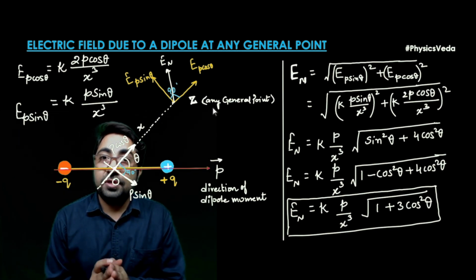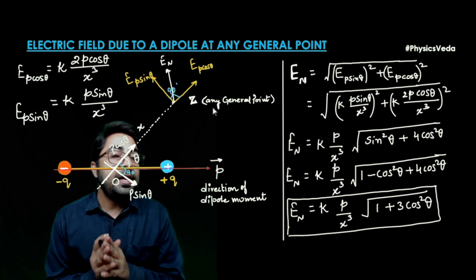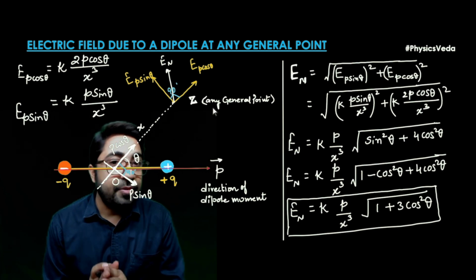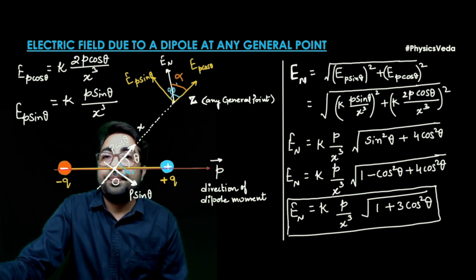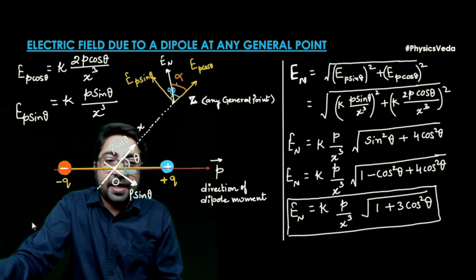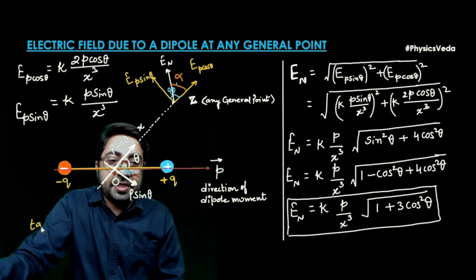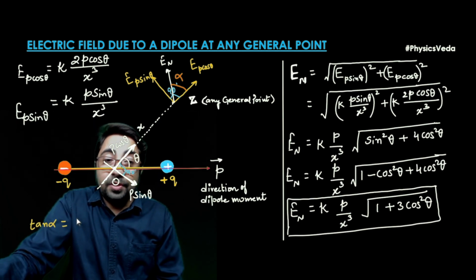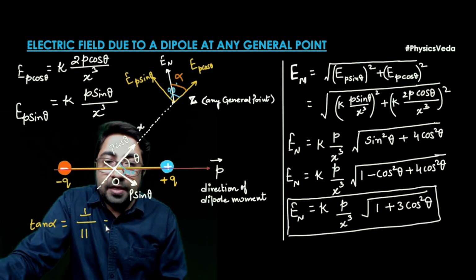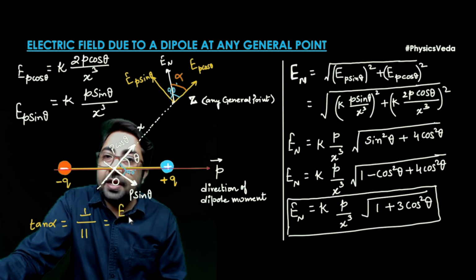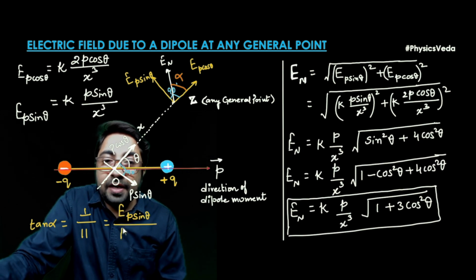Now let's talk about the direction of the resultant electric field due to this dipole system. Let's say this angle is alpha here. So the direction of the resultant electric field: tan alpha is equal to the perpendicular component of electric field upon the horizontal component of electric field, so we can put here the electric field intensity due to P sine theta upon the electric field intensity due to P cos theta.